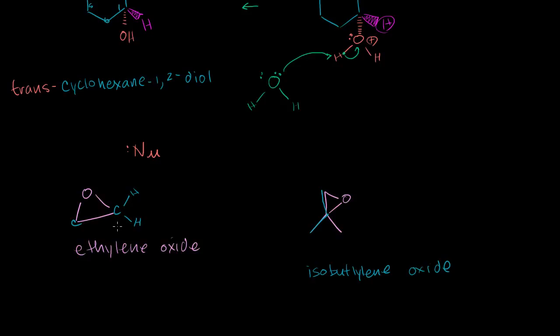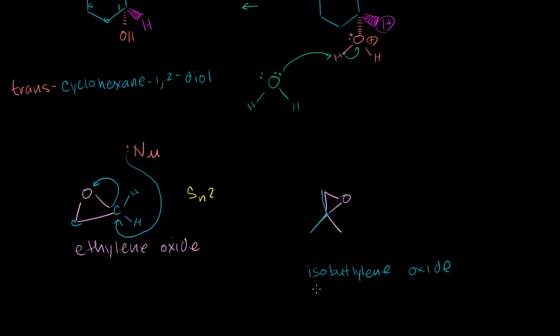So it's a primary carbon. It would not be a stable carbocation. So in this case, you would definitely predict that an Sn2 reaction would have to occur with this epoxide. The nucleophile would attack back here, and then this electron would be taken back by the oxygen, and that would open the ring.